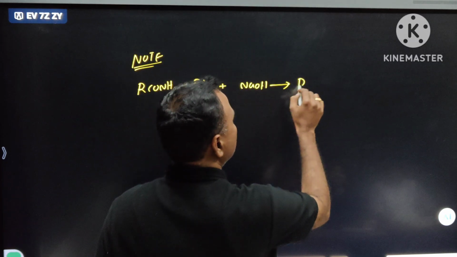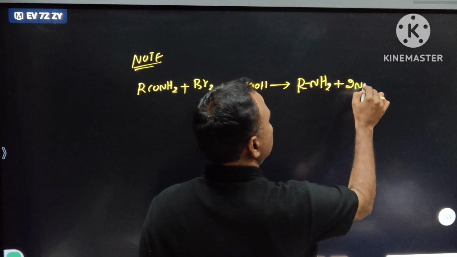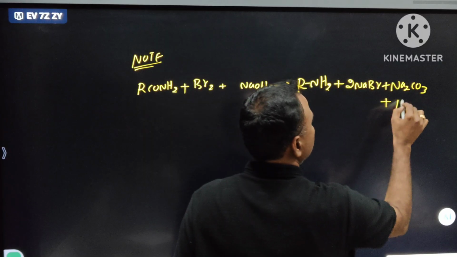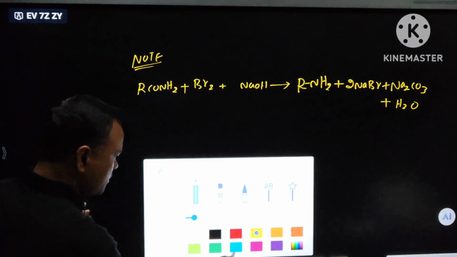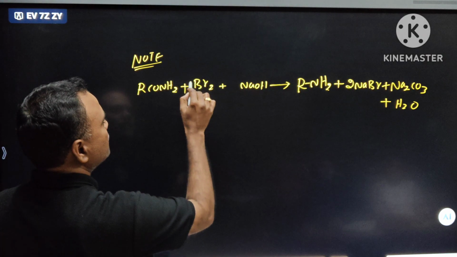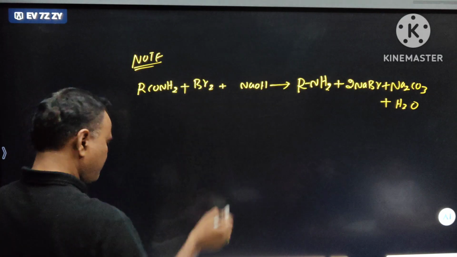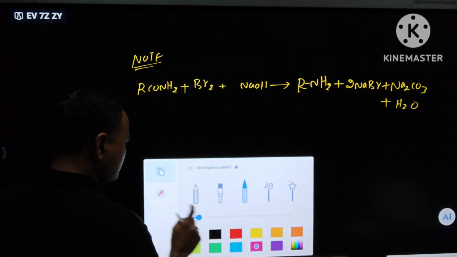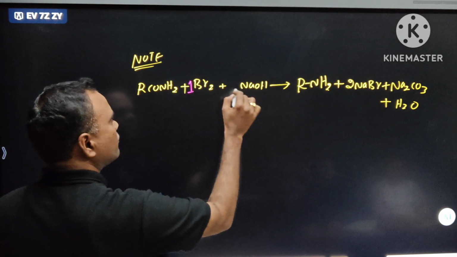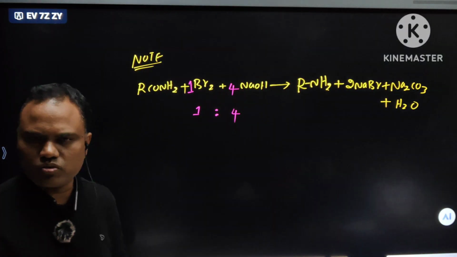You know the product: RNH2 plus 2 NaBr plus Na2CO3 plus water. This is very, very important. Stoichiometry of bromine and NaOH is 1:4. Very, very important stoichiometric ratio.